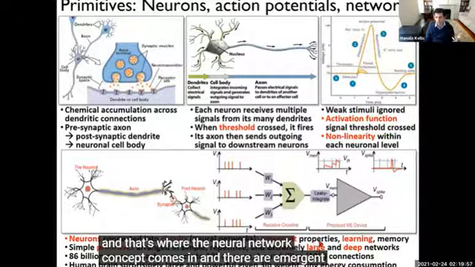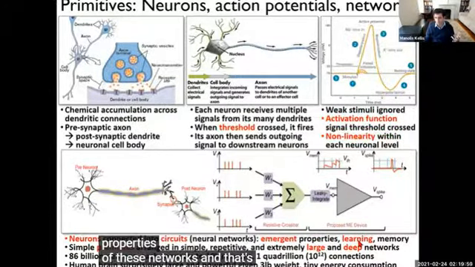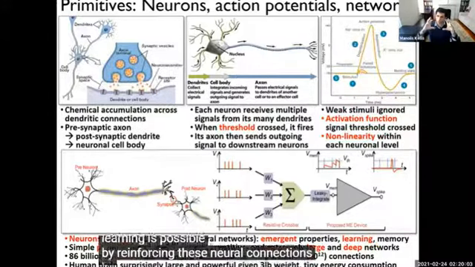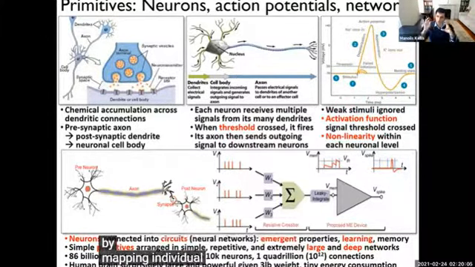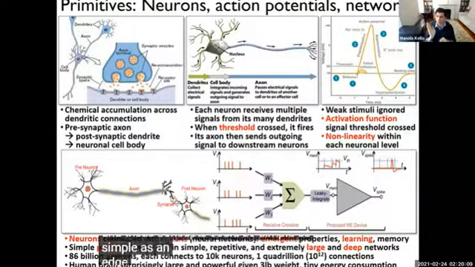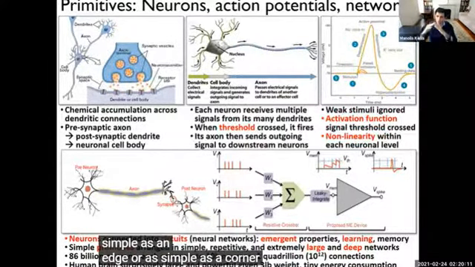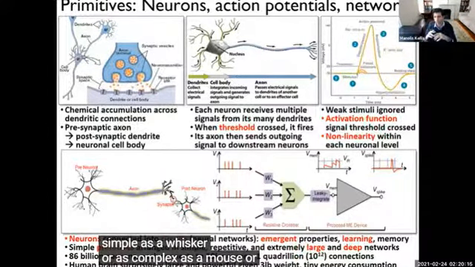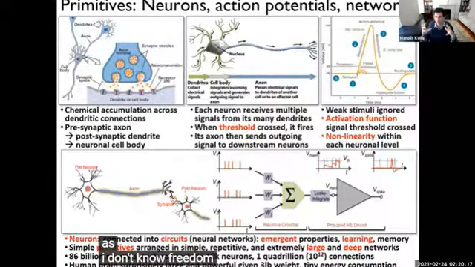And there are emergent properties of these networks. And that's how learning is possible, by reinforcing these neural connections, by mapping individual neurons to concepts. These concepts could be as simple as an edge, or a corner, or a whisker, or as complex as a mouse, or as complex as freedom or anger or justice.